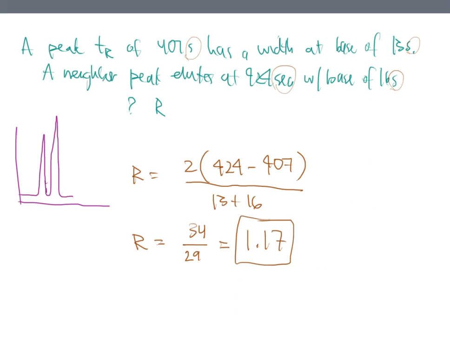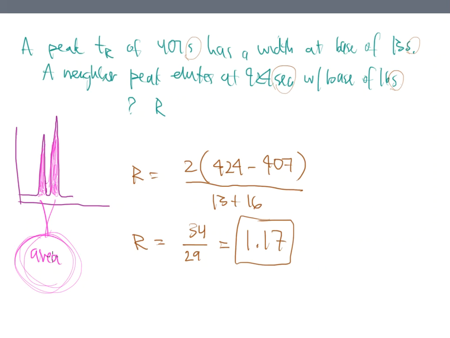So bottom line, the reason that we worry about resolution every single time is because we are going to be very focused on the areas under the curve, right? These peaks that show up on my chromatogram, those peaks are very important. And that's because I will be using areas in these calibration curves and in these calculations that I will begin to do.